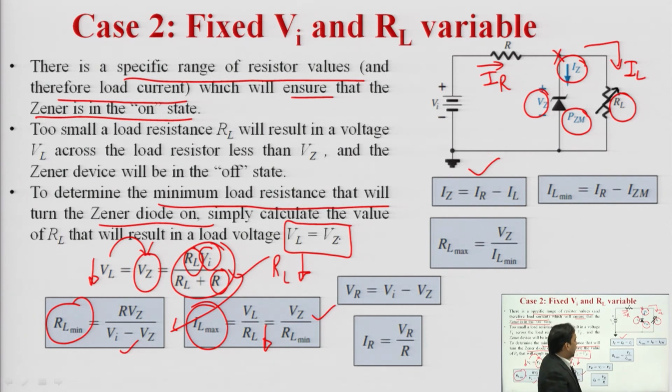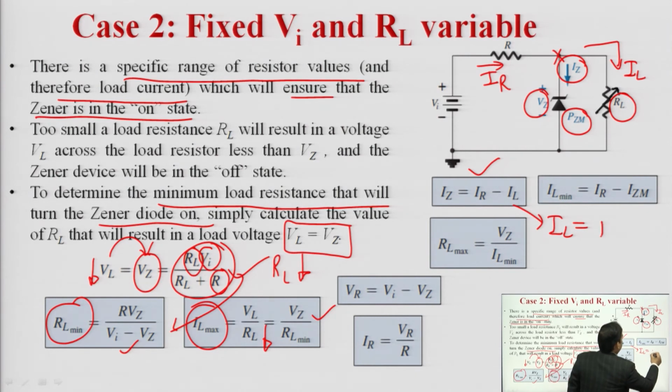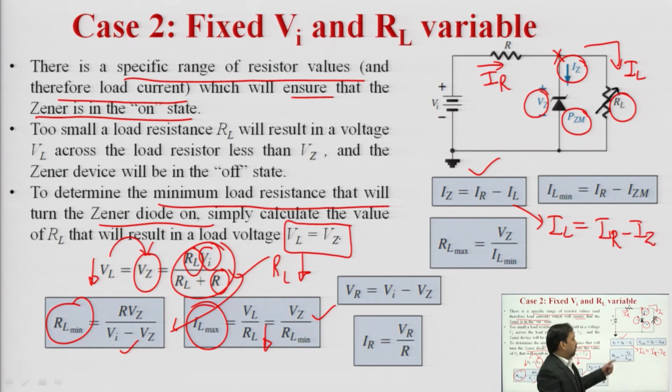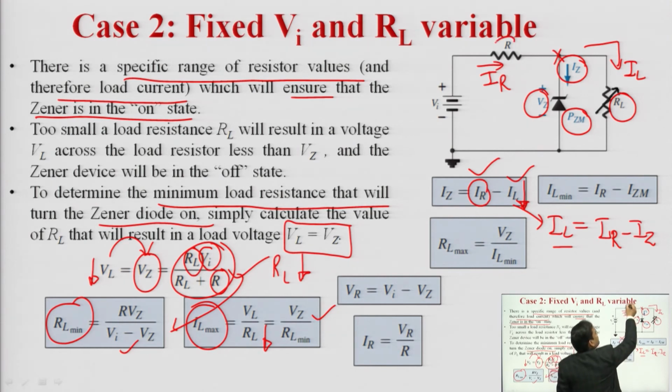If we rearrange this equation, IL equals IR minus IZ. We can see this from this equation also. So, if IL is minimum, then, since IR is fixed because this resistance is fixed, naturally IZ will be maximum.